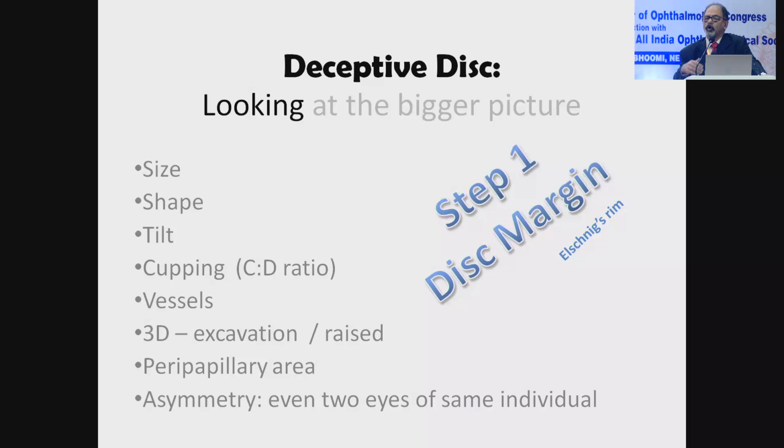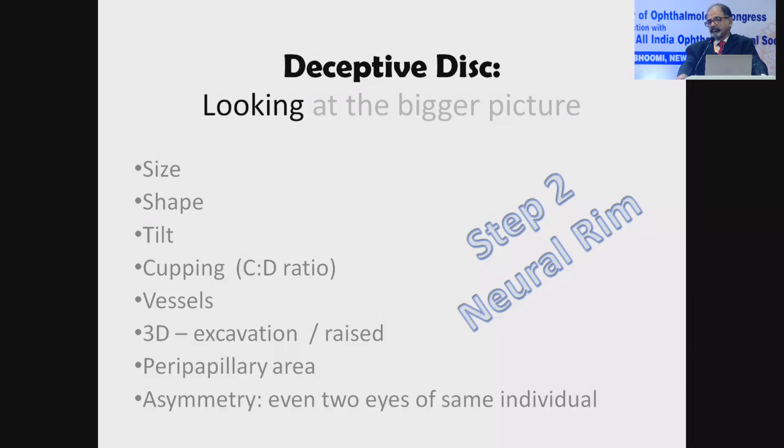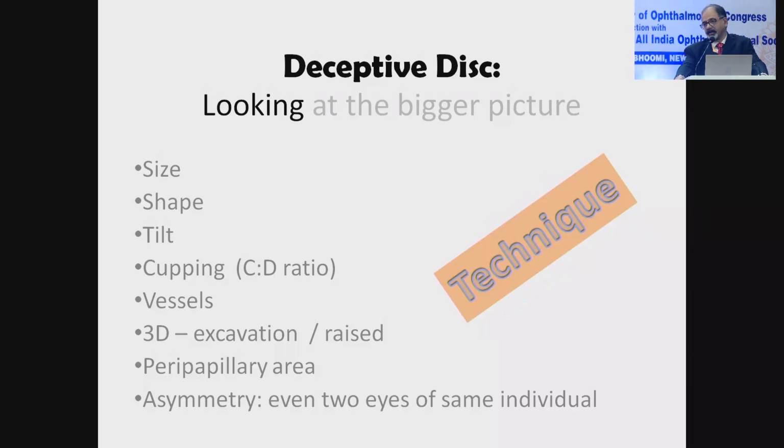We have to identify the disc margin first, and after that we need to see where the neural rim is, what we call the cup disc ratio.